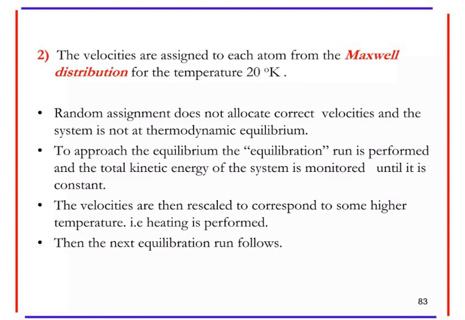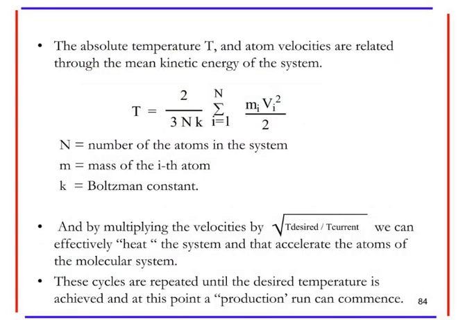Random assignment does not allocate correct velocities and the system is not thermodynamically in equilibrium. To approach equilibrium, a run is performed and the total kinetic energy of the system is monitored until it is constant. The velocities are then rescaled to correspond to some higher temperature, that is, heating is performed, and the next equilibrium run follows.